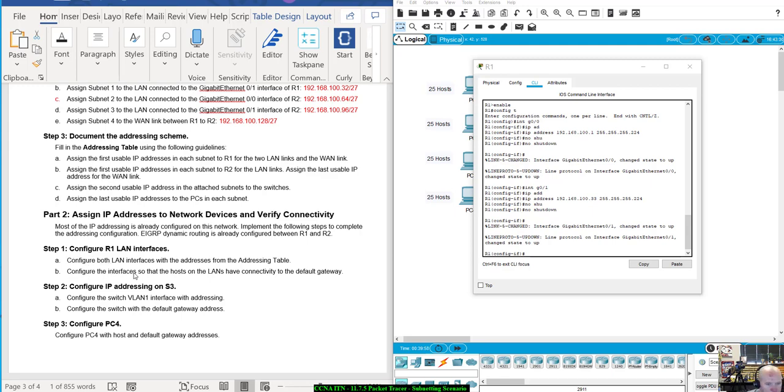Configure the interfaces so that the hosts on the LANs have connectivity to the default gateway. I guess that means turn it on.